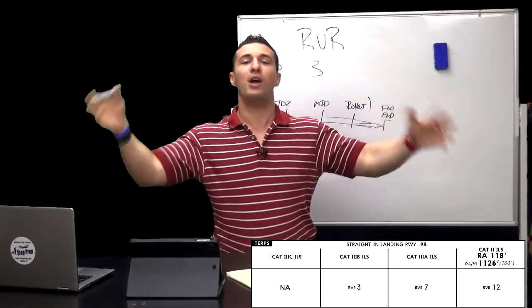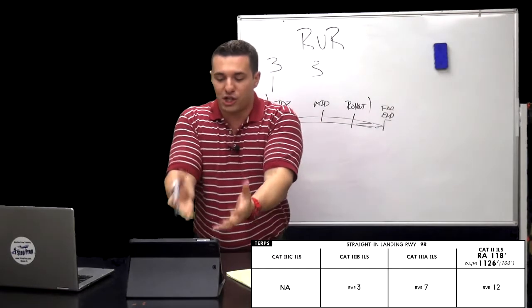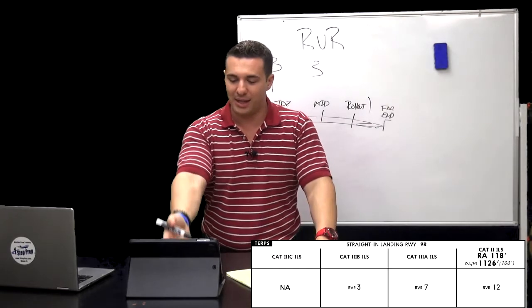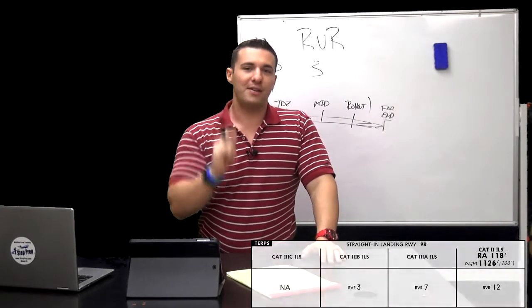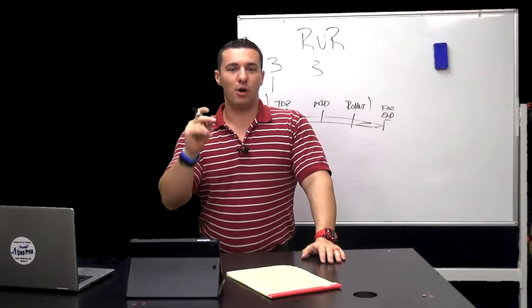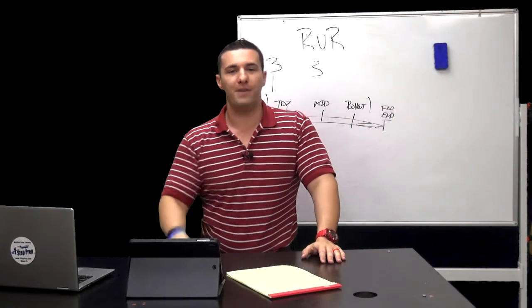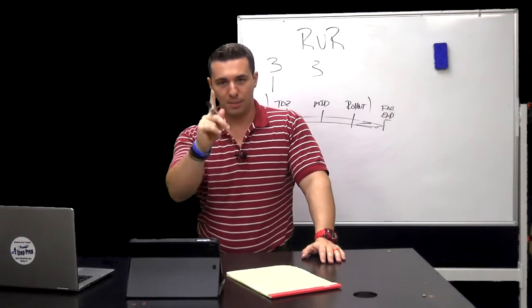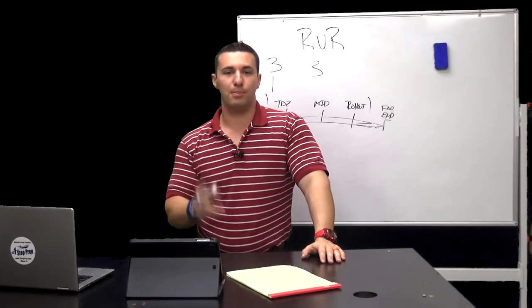So the question now becomes, well then, what's the RVR value? Because on the chart, there still is Cat 3A and 3B published. The answer is the following. You are now to go to the chart and look for the lowest published RVR value. Let me say that again. Look for the lowest published value on the approach plate.